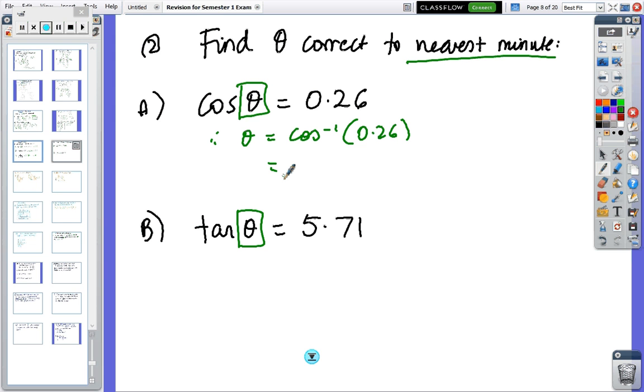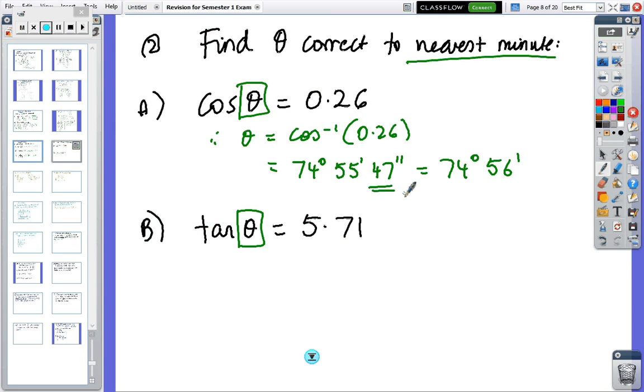So shift cos 0.26 equals, so it's 74 degrees, 55 minutes and 47 seconds. So it's 74 degrees 56 minutes. You have to round up because there's 60 seconds, not 50 seconds in a minute.